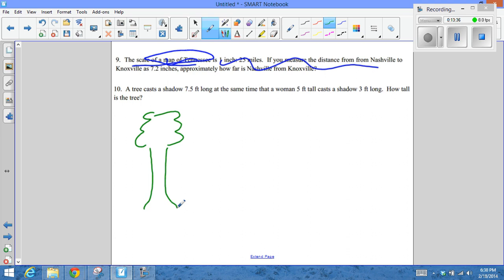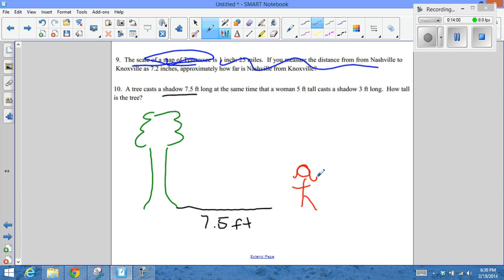Here's my tree. And it says that my tree is casting a shadow. So here's my tree's shadow. And it says that the shadow is 7.5 feet long. Okay, 7.5. Then I have a person or a lady. So we'll draw my little person here. Here's my person.